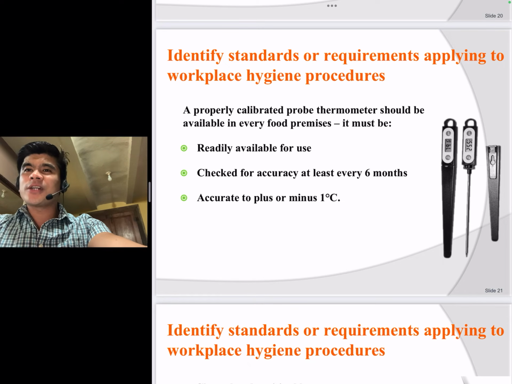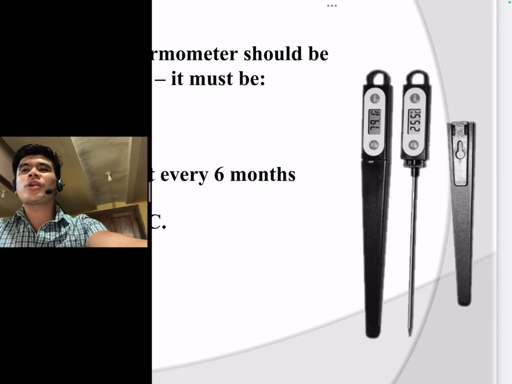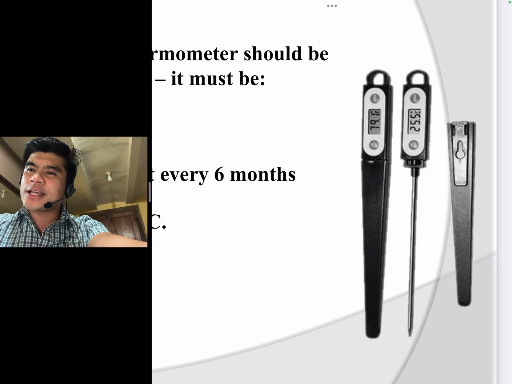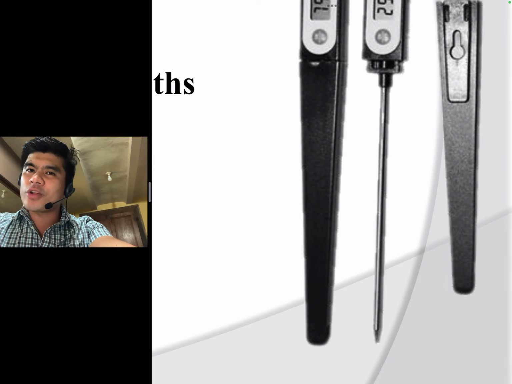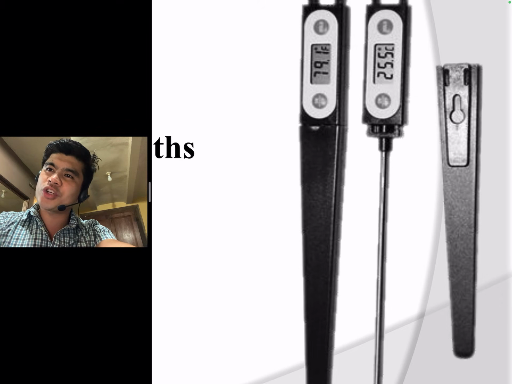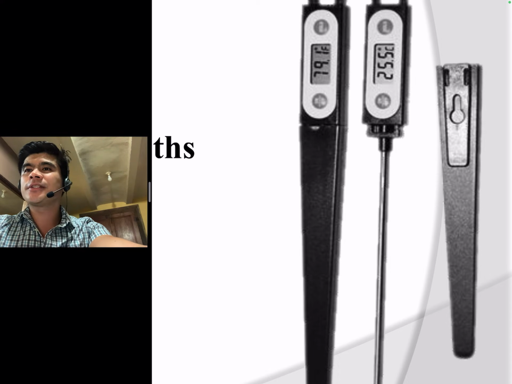Identify, once again, it's a continuation. As you can see, this is how the food thermometer looks. This sharp edge right here, that's the probe, the thing that you stick in the meat. Then it will give you the temperature here. This one is in Celsius, but you can set it for both Celsius or Fahrenheit.